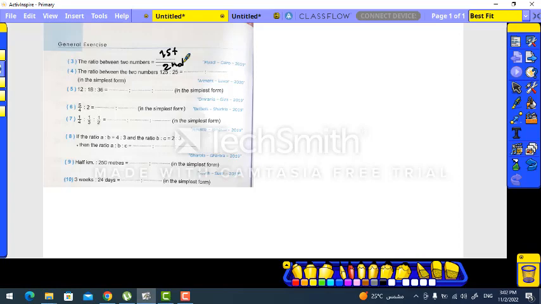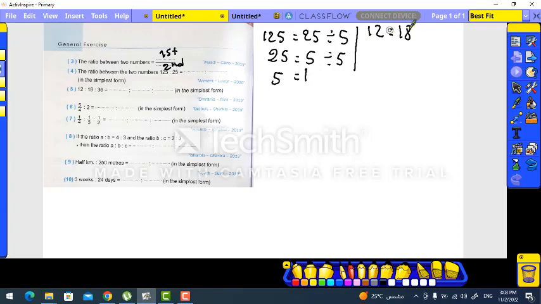The ratio between the two numbers 125 and 25, yes, 125 to 25, divided by 5, so it will be here 25 and 5, divided by 5, it will be 5 to 1. 12, 18, 36, yes, we can divide these numbers by 6, so it will be 2, 3, and 6.